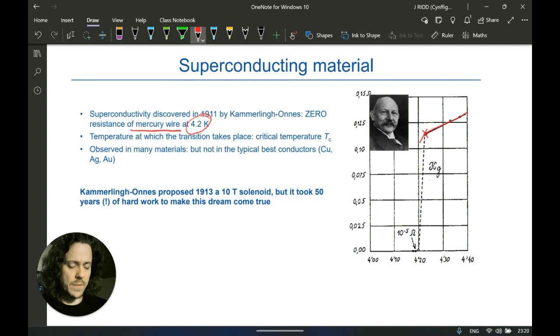Now, I can't even say his name. Kamerlingh Onnes proposed in 1913 a 10 Tesla solenoid. Now, Tesla for another time, but that's basically the strength of the magnetic field, and it is implying that you could use this principle of superconductivity to produce enormous currents and therefore epically strong electromagnets.